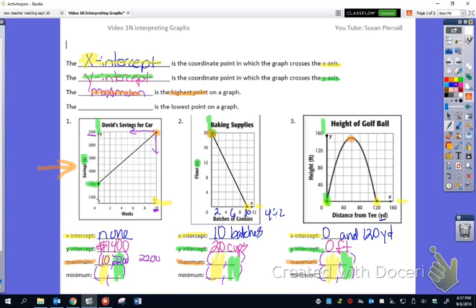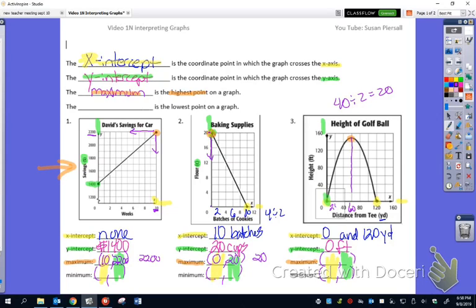On number 2, you have to go down to the X value first, sorry about that, which is 0. And then right there, your Y value is 20. So if I just wanted the Y value, it would be 20. On number 3, I have to go down. So halfway between 40 and 80 is 60. Like right here, 40 divided by 2 is 20.